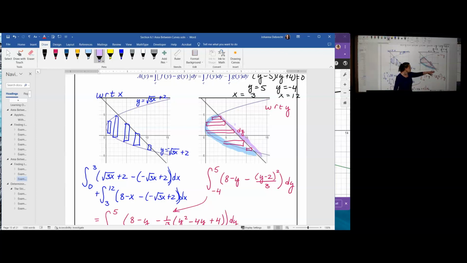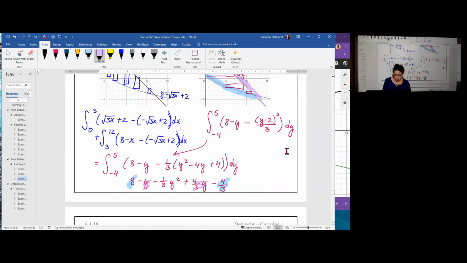I integrate from the lower y value where they intersect, which is -4, to the y value of the upper intersection, which was 5. Then on the right, I have the line, which I solve for x to get 8 minus y, minus the right opening parabola, which was given to me already as the quantity (y minus 2) squared, all divided by 3. Now the rest of it is just simply calculation.